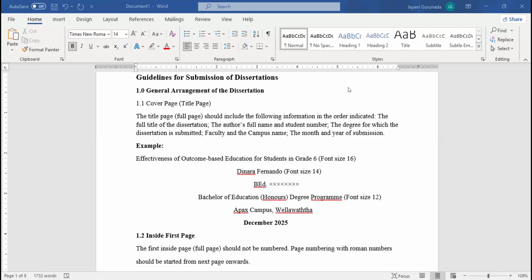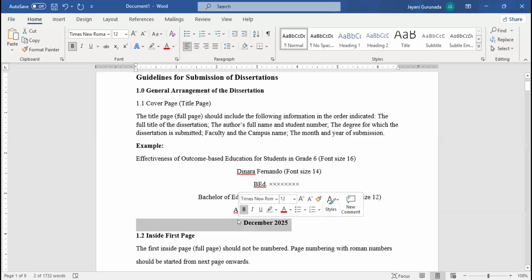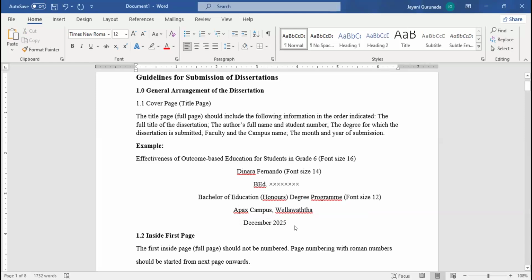After that, it should be in this format in the middle. Then you have to put the month and year of submission.